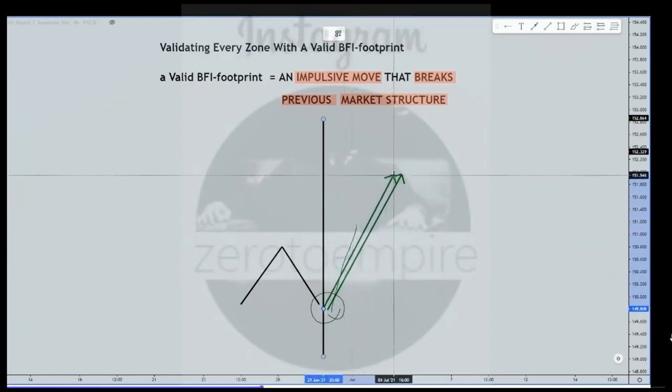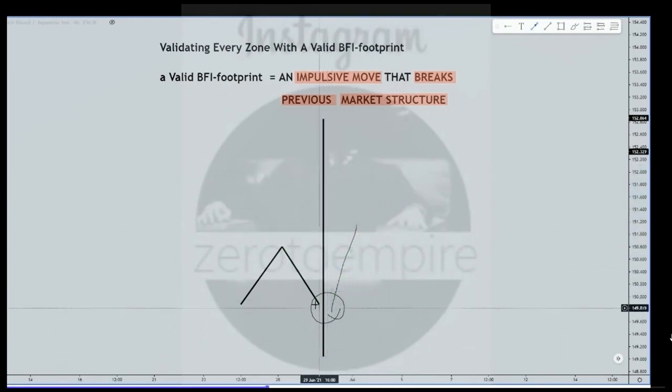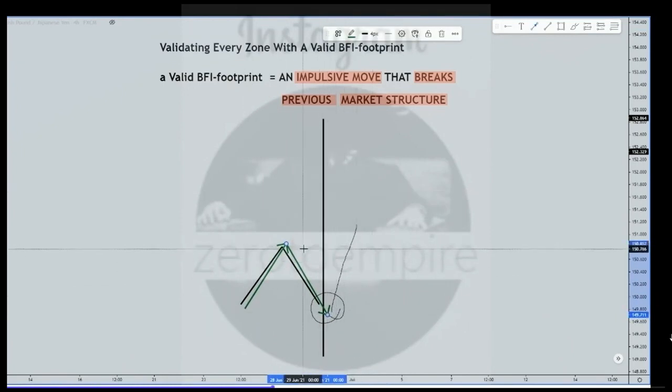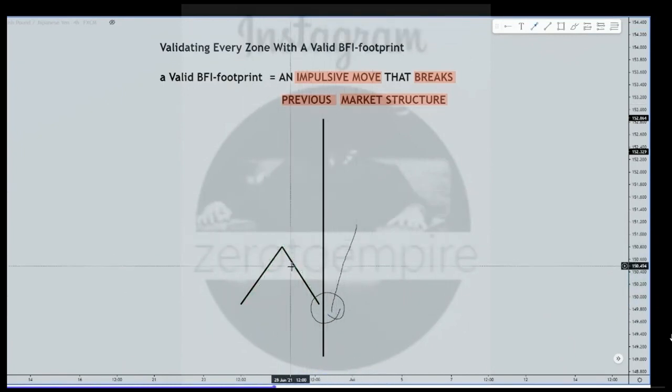This is not a valid footprint until it breaks this previous swing point, a swing point that occurred before this A to B movement happened. Why is this so important? Because let's look at this selling here, which was red.